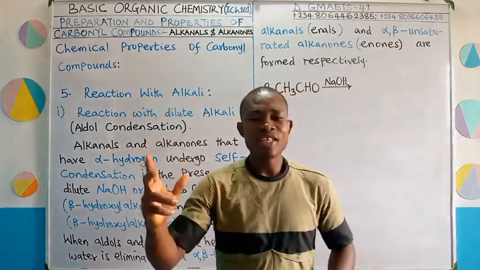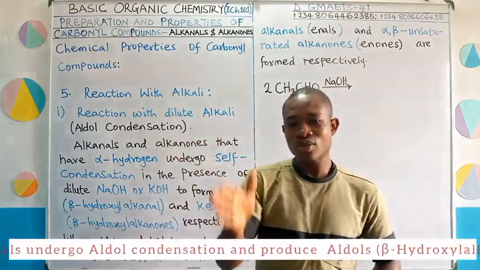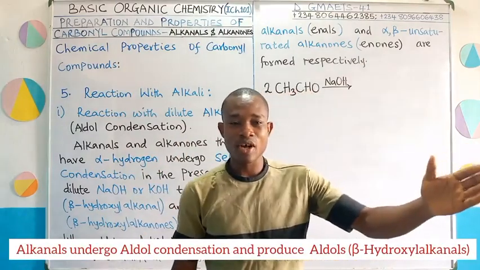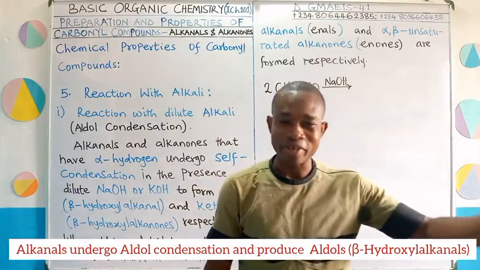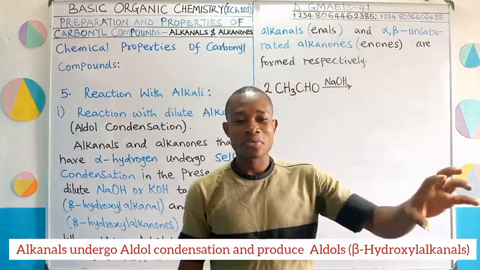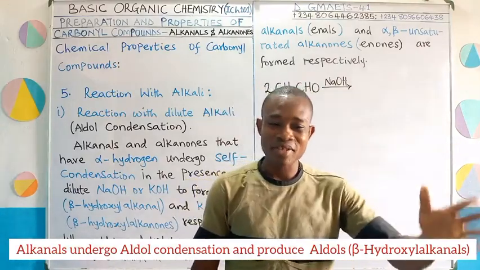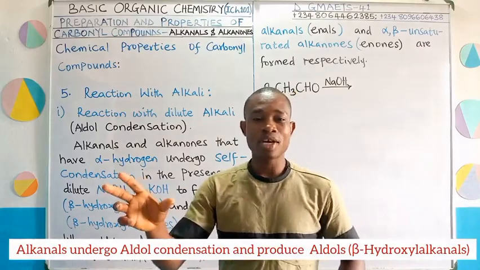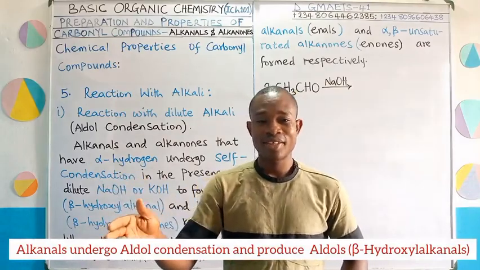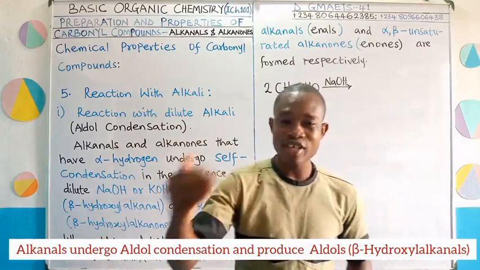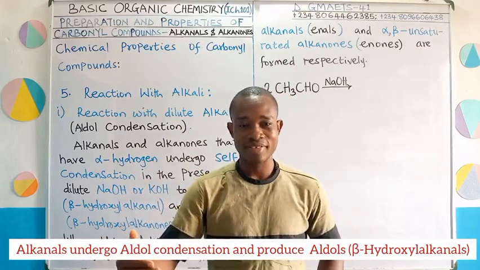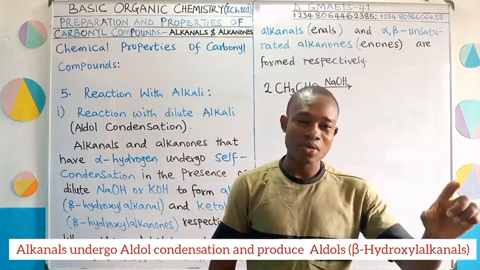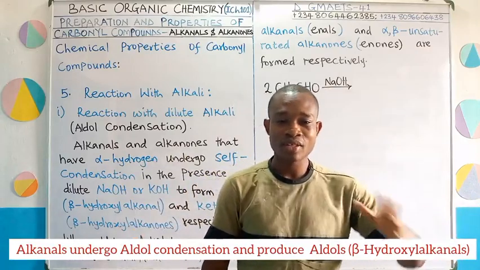Now, if it is an alkanal that undergoes this Aldol condensation, the product you're going to get, we call it the aldol. Aldols are beta hydroxyl alkanals. So you take note of that. If the carbonyl compound is an alkanal undergoing self-condensation in the presence of a dilute alkali, then you get what we call aldols. And aldols are beta hydroxyl alkanals.